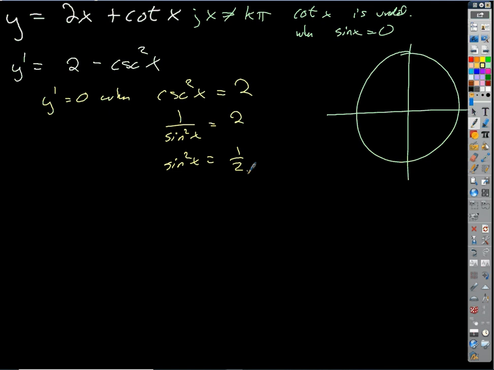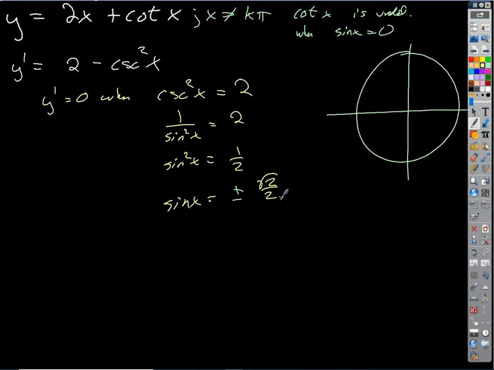If I square root it, I'd get sine x equals, okay, almost, plus or minus 1 over the square root of 2, which is the same as square root of 2 over 2. Okay, so where does that happen?